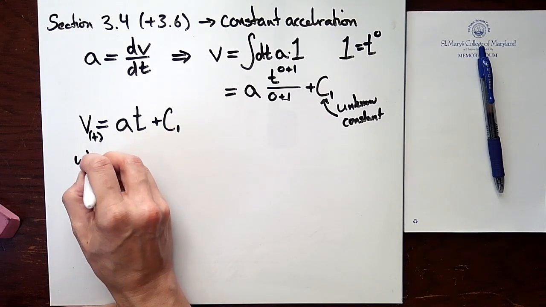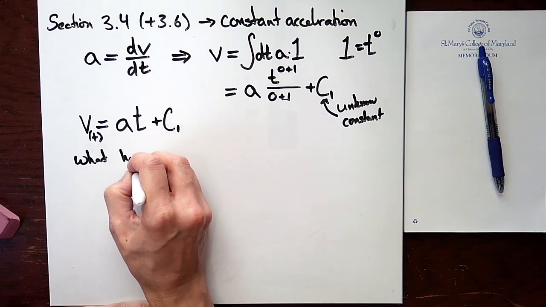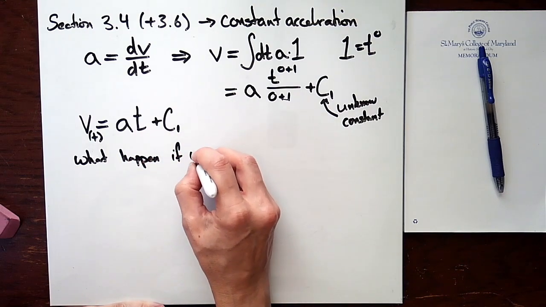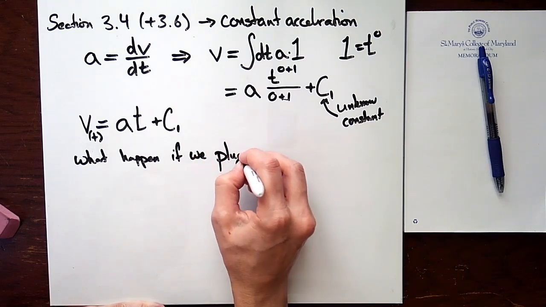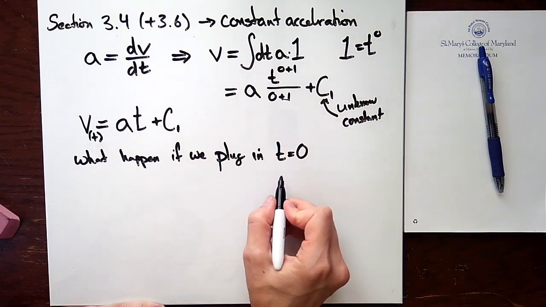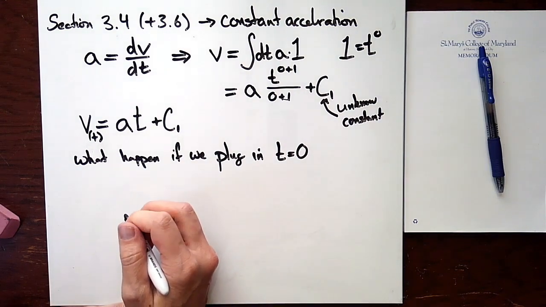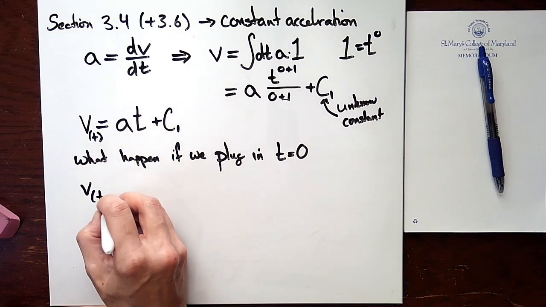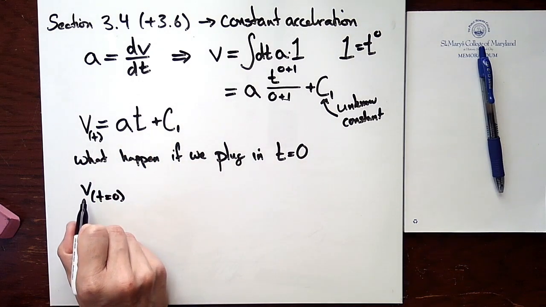So what happens if we plug in t equals 0? That is, what's going on initially when we start the clock, when time is equal to 0? Well, we put in t is equal to 0, so this actually isn't a variable anymore.